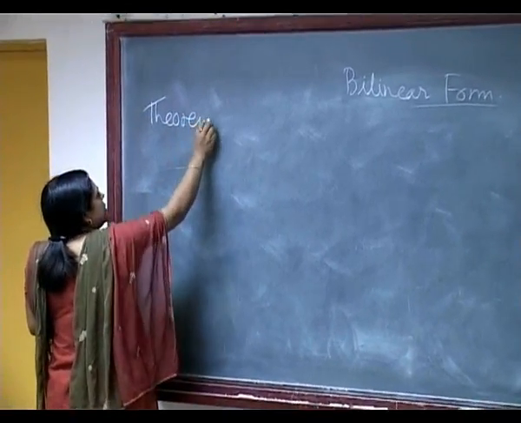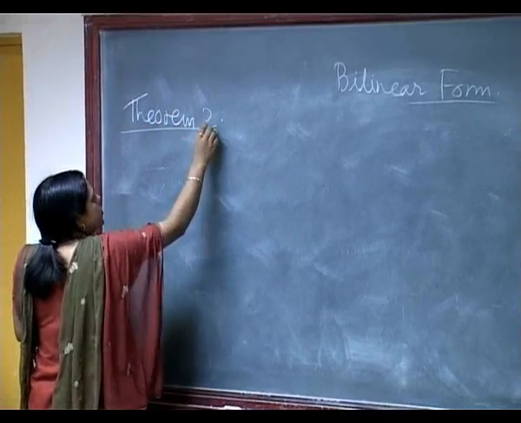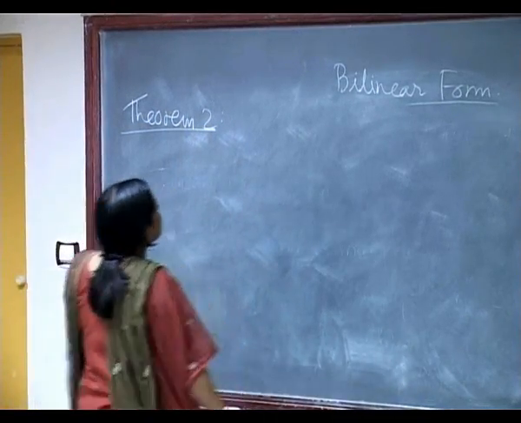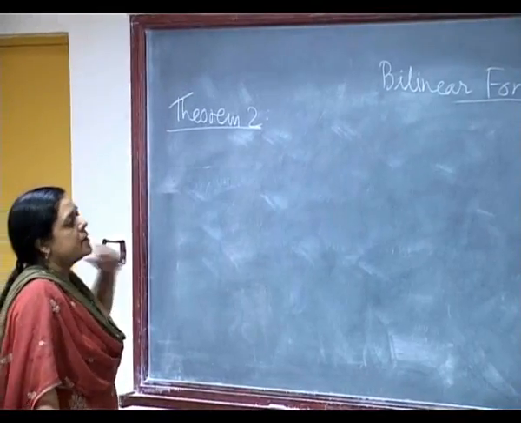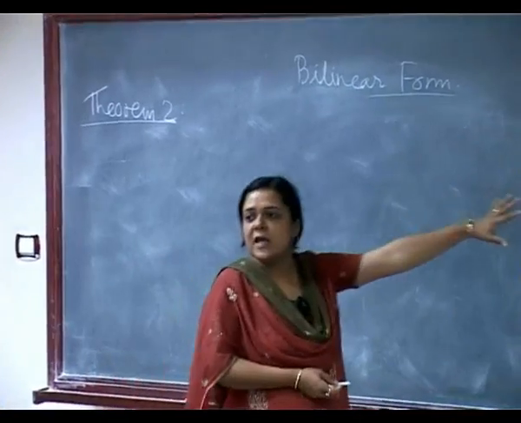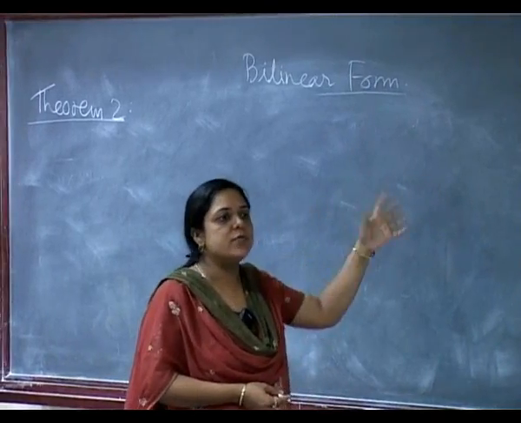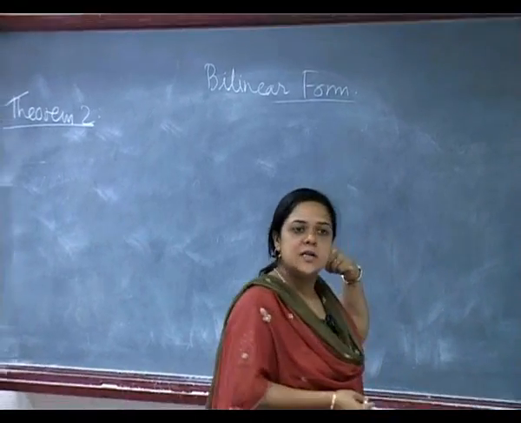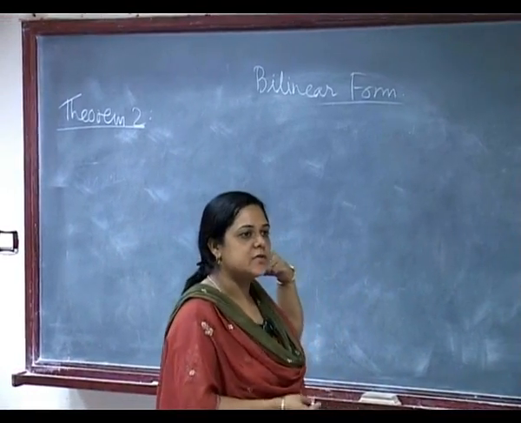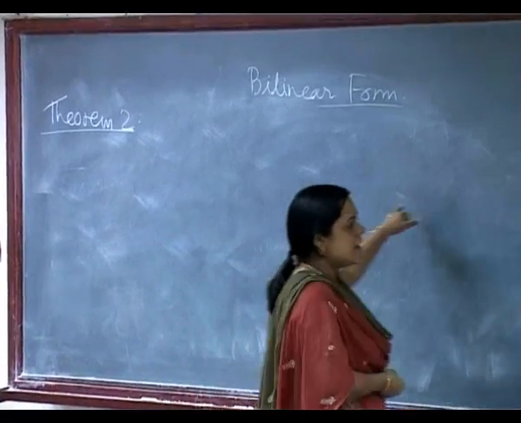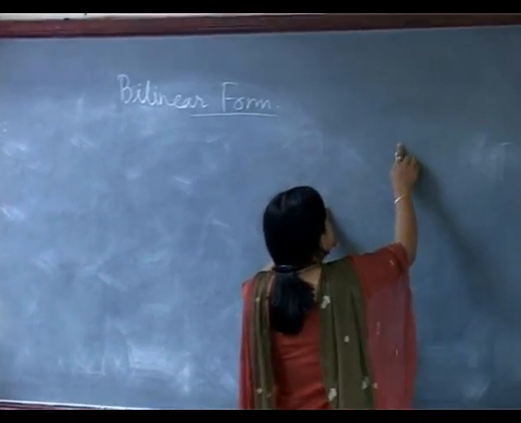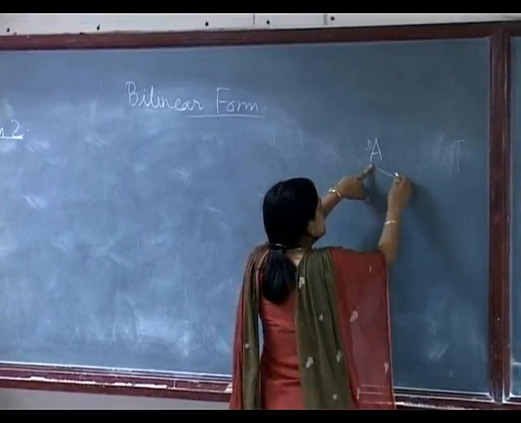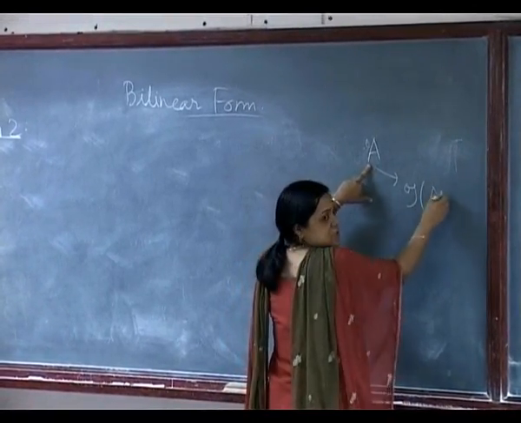We call it theorem number 2. Whatever I have said till now was true for any symmetrizable matrix. Now I am considering a symmetrizable generalized Cartan matrix A, and the corresponding Kac-Moody algebra is GA.